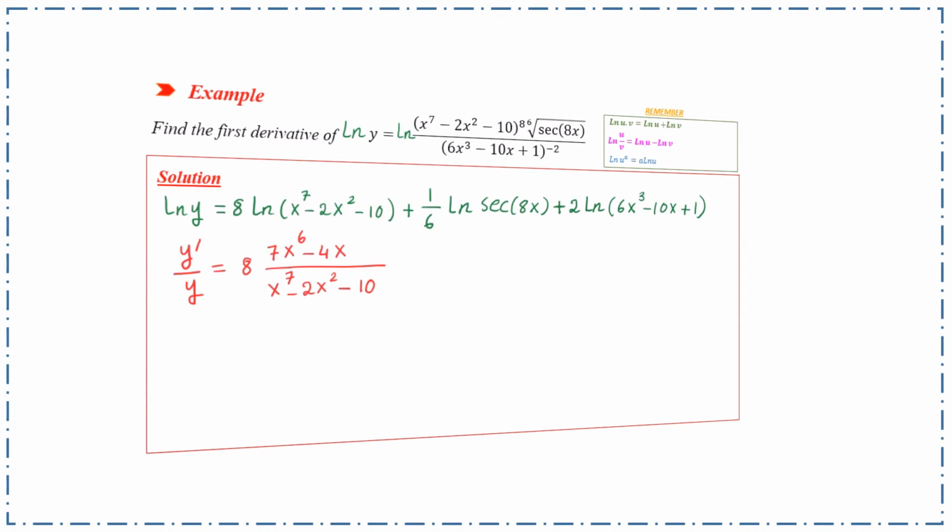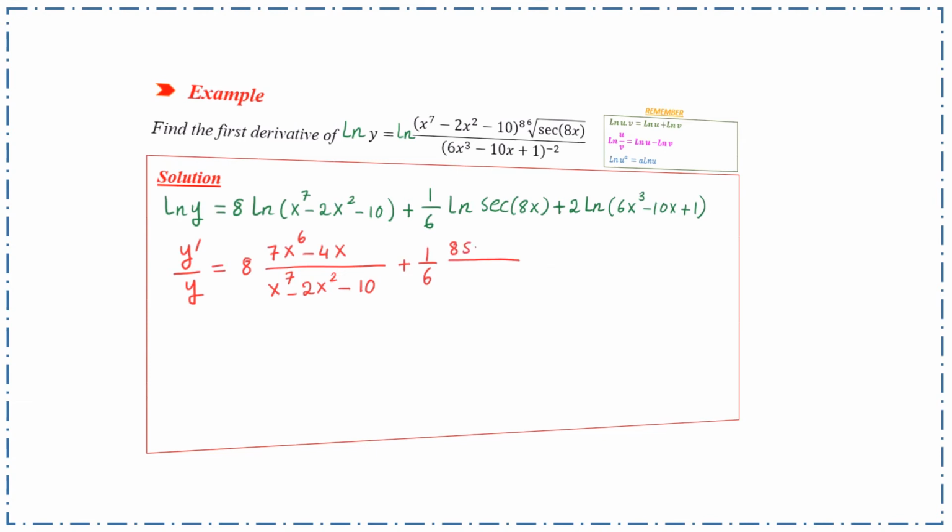For the second function, in the same manner, it will be plus 1 over 6 multiplied by the derivative of the ln function, and the derivative of ln function is the derivative of the inside function. It's a trigonometric function, so you have to find the derivative of the angle firstly, so it will be 8.